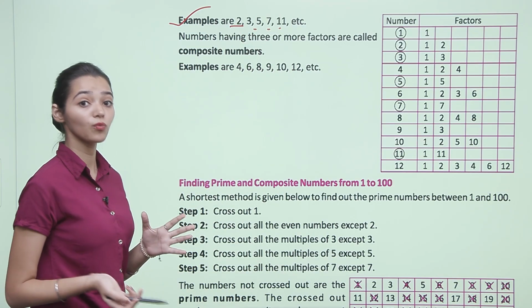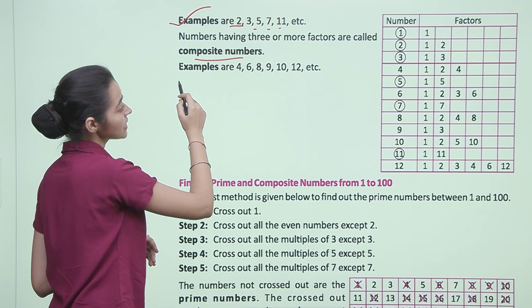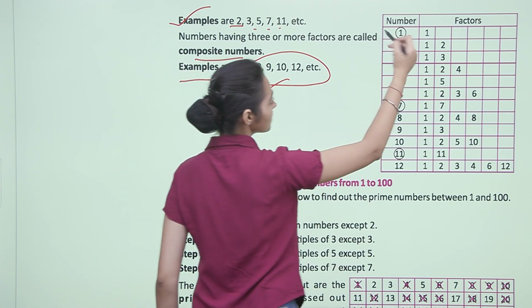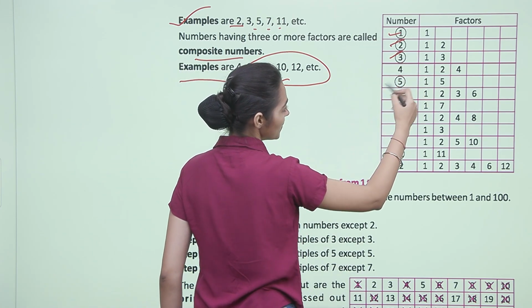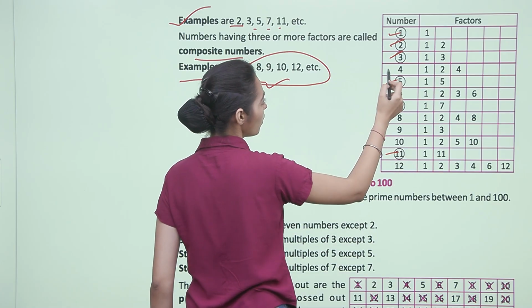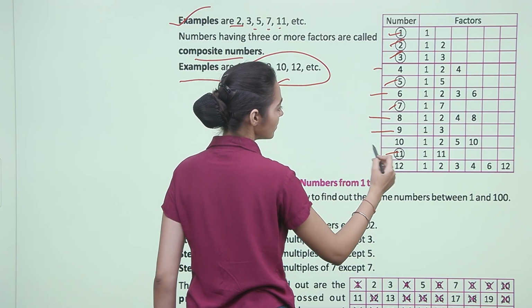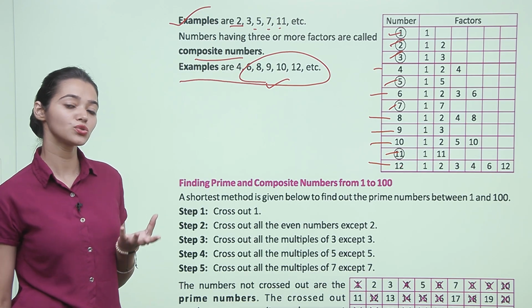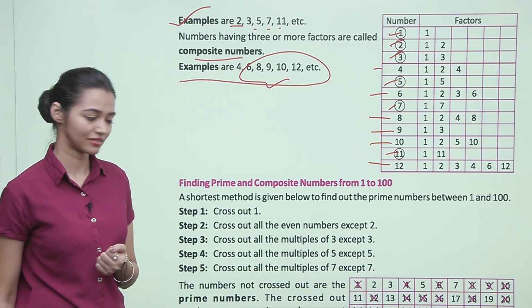Numbers having 3 or more factors are called composite numbers, and the examples of composite numbers are these. These are the prime numbers in circles, and all the other numbers are our composite numbers as they have more than 2, that is 3 or more factors.